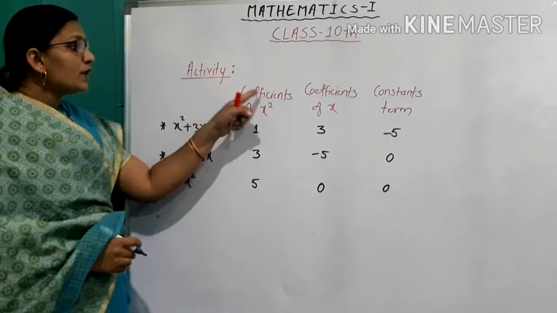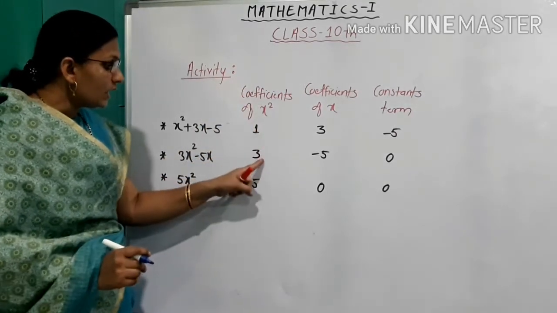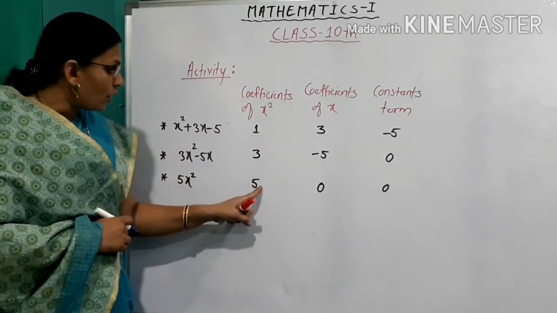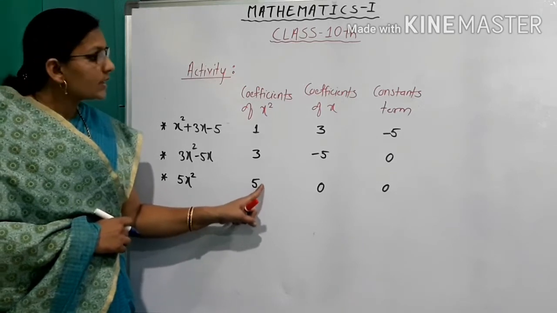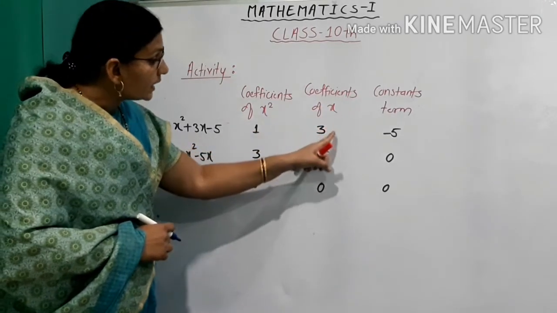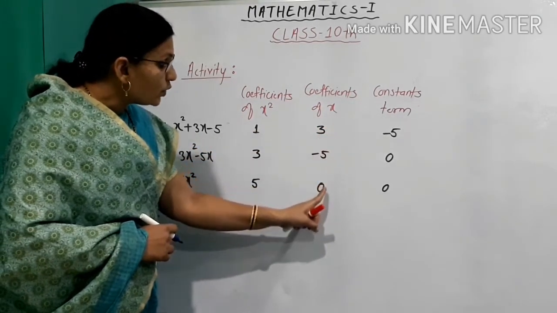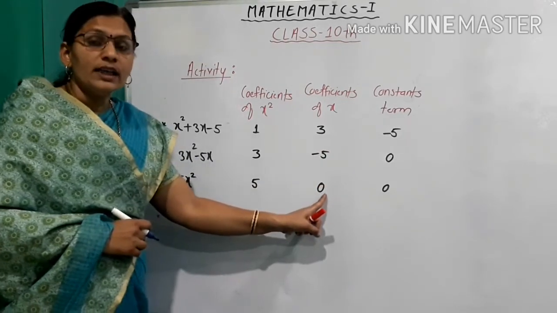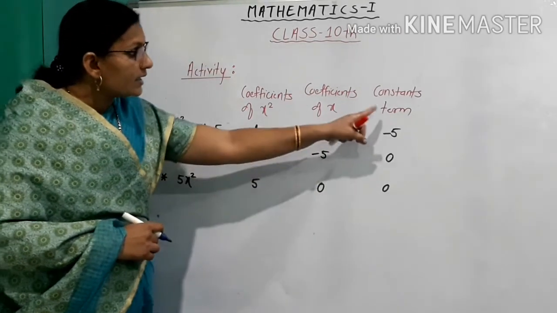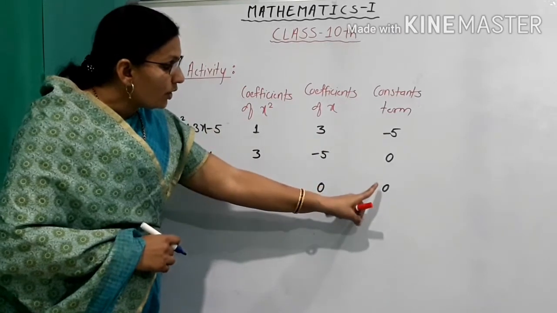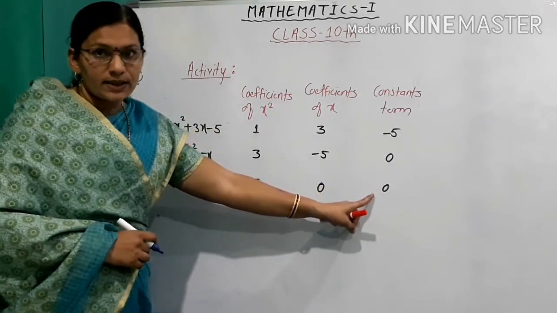Then these coefficients of x square, that is 1, 3, 5, are called quadratic coefficients. Coefficients of x, 3, minus 5, 0, are called linear coefficients, and these, minus 5, 0, 0, are the constant terms.